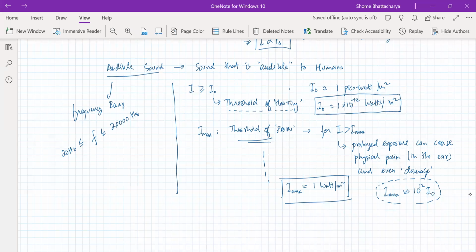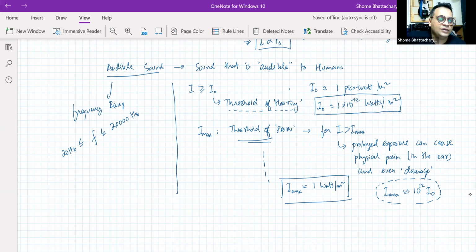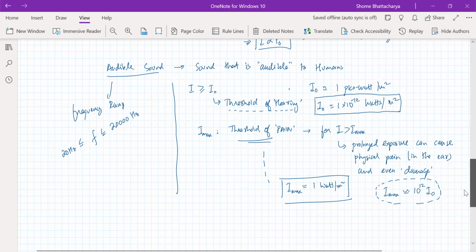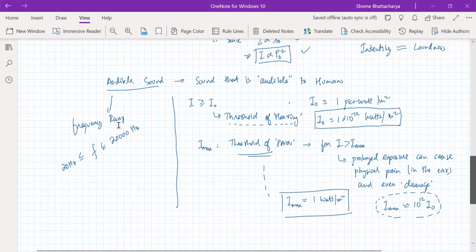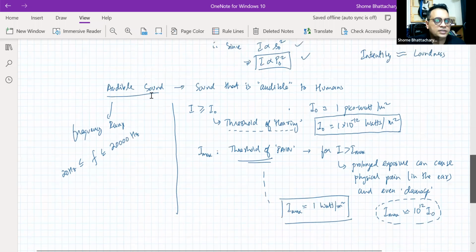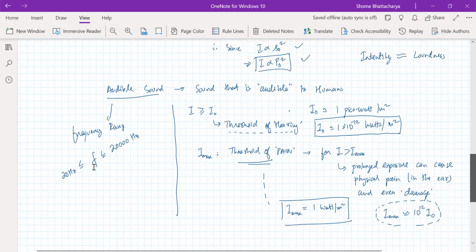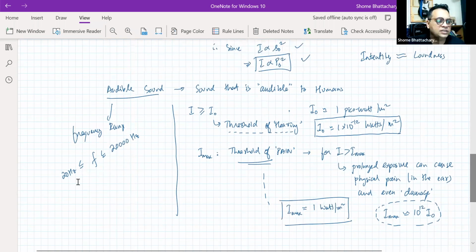So for that whole process to happen, the sound has to have certain properties. So what are those properties? There are properties in terms of two things. One is in terms of intensity or loudness, because intensity more or less translates to loudness, and the other has to do with frequency. So for any sound to be audible to humans, the frequency has to be in this range between 20 and 20,000 hertz.